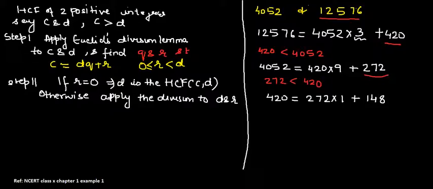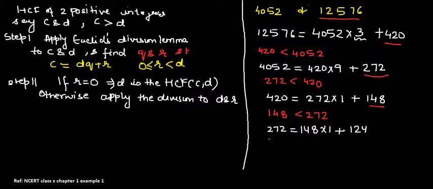Now again the remainder is 148. 148 is less than 272, and applying it again, 272 is equal to 148 into 1 plus the remainder, which turns out to be 124.